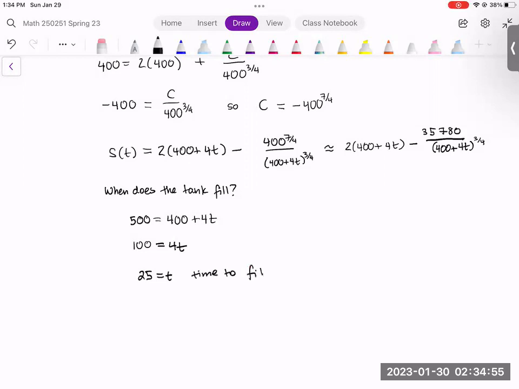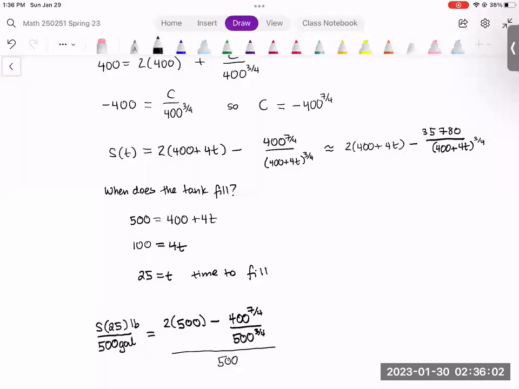Okay. All right, so to find this concentration, we know the gallons that we're going to have, 500 gallons, but we need to know the amount of salt at time 25, which we will divide through by 500. Okay. All right, so let's take a look. We're just going to plug in 25 for t to find this value.